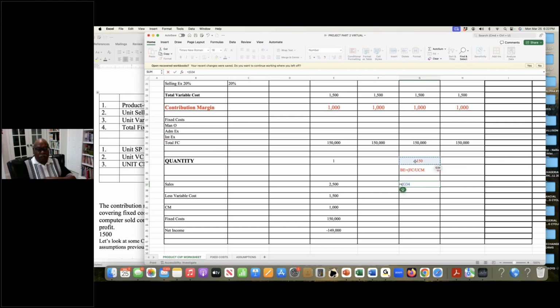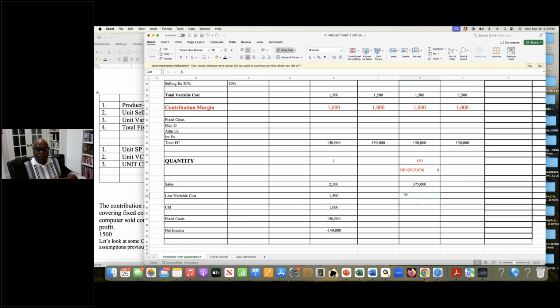We're going to click on the 150 and multiply it by the selling price, 2,500, right? So what are our total sales going to be? 375,000.